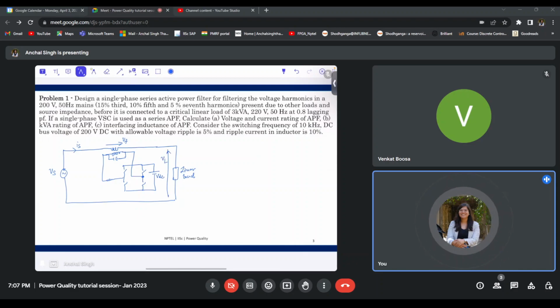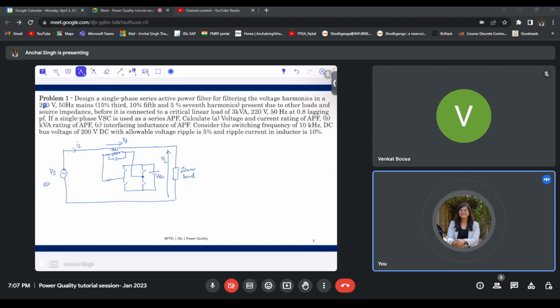Now we are asked to find the voltage and current rating of the active power filter, the kVA rating, and the interface inductance. But basically we are asked to design this active filter when there is certain harmonics present in the supply system. So the supply system contains, this is 220 volts, sorry.